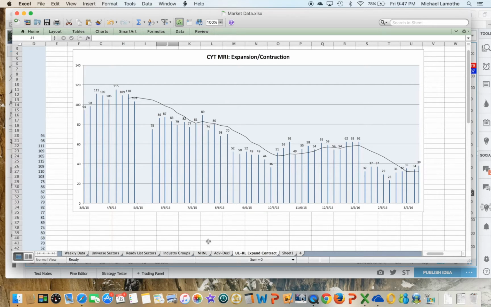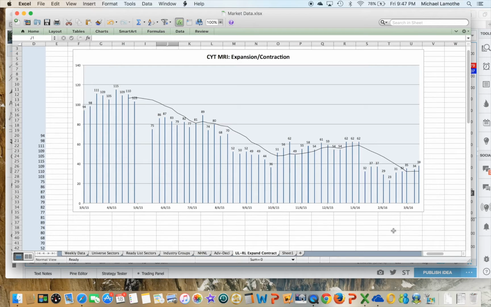So when we were just getting into new highs last year, we saw that there were triple-digit stocks passing our scans, and since then it has really declined. We have seen some improvement over the past several weeks since mid-February of stocks passing the ChartYourTrade MRI scanner, but if we compare 38 to 115 around the same time last year, far cry from what we would consider healthy.